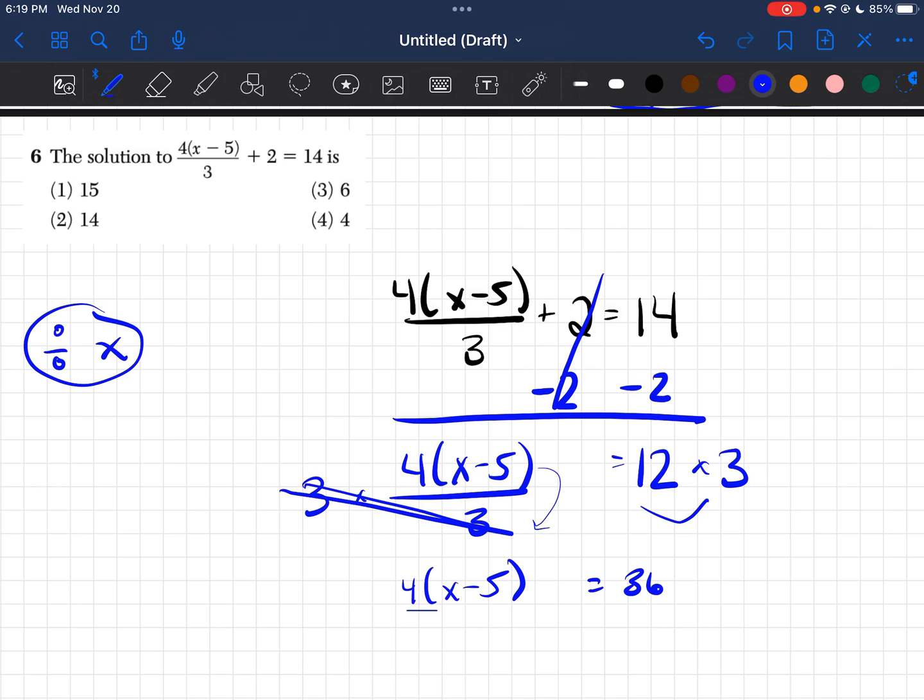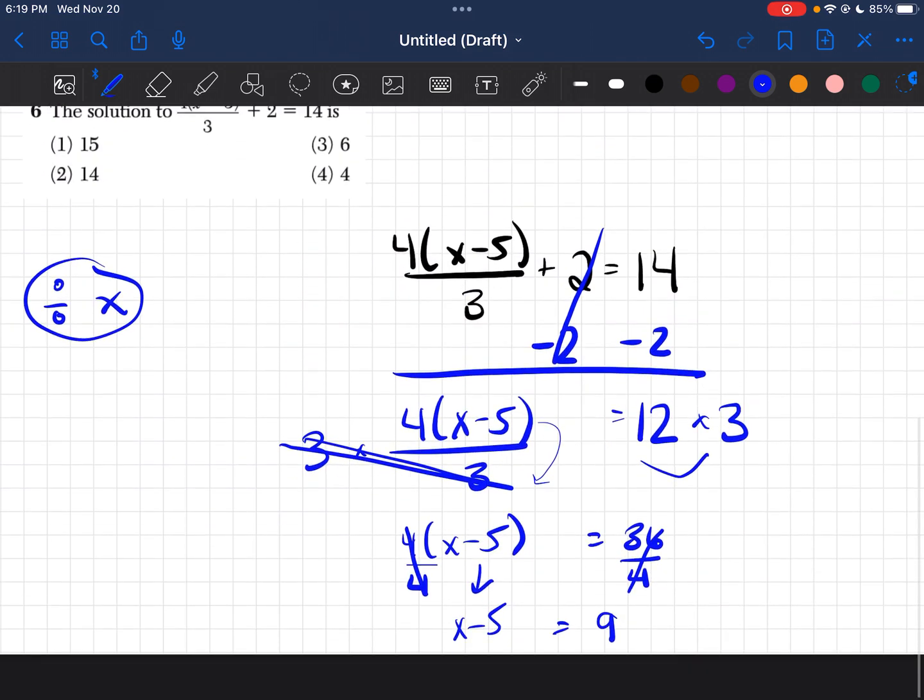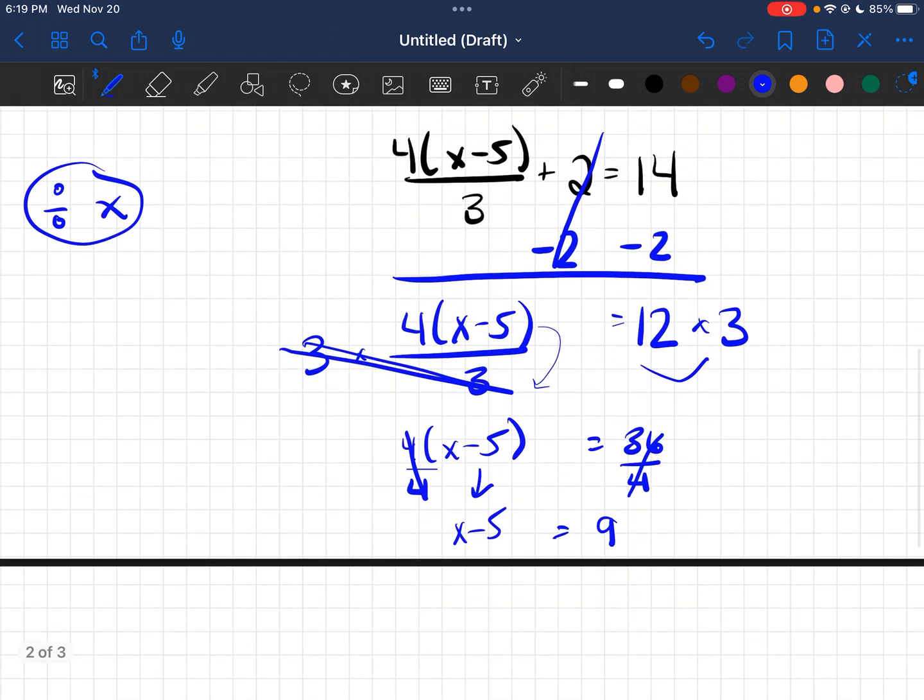So instead of multiplication, I can divide by 4 on both sides. So 4 divided by 4 is 1, and 36 divided by 4 is 9. Bring down our equation. So now I have x minus 5 equals 9.